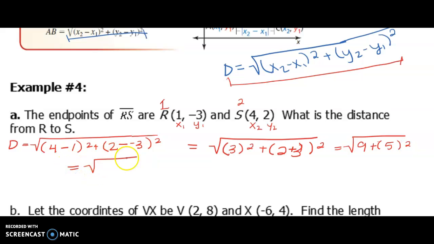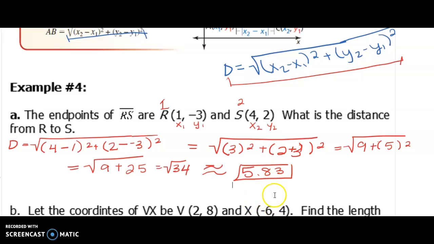Once again, step by step, 9 plus 5 squared, which is 25. So this is the square root of 34. If we put that into our calculator, that's approximately 5.83. So it's just plugging stuff into that formula, let the formula work.